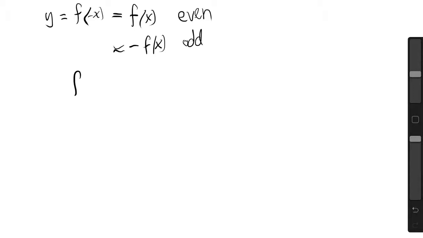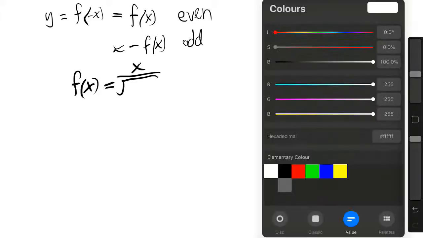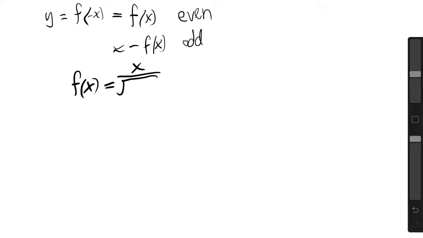So f of x, from the definition of the question, is x on root 2 plus x squared.